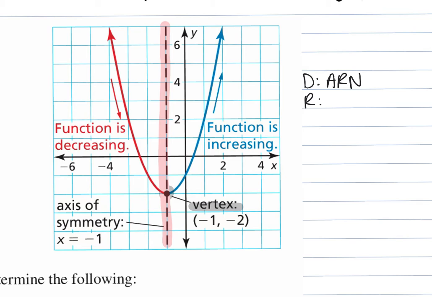What is the range, though? The range is not all real numbers. Bruno? Y is greater than -4? You're close. Rocco? Y is greater than or equal to -2. Excellent. Why, Rocco?